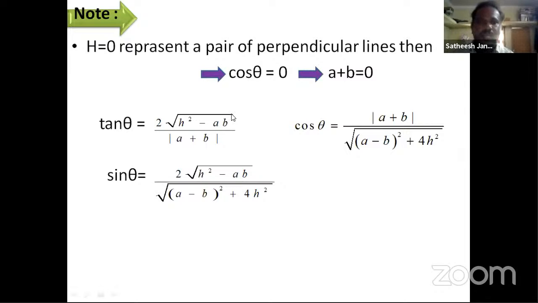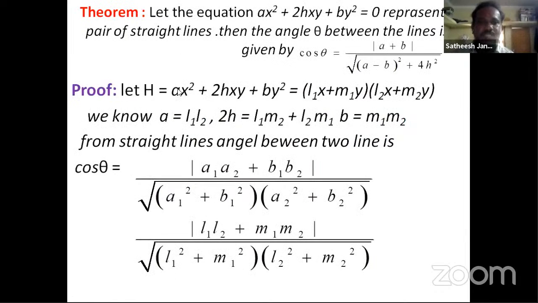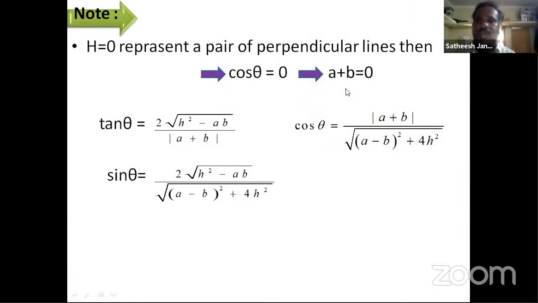Observe in the equation, what is a here? The x square coefficient. b means the y square coefficient. So a plus b means the sum of the x square coefficient plus the y square coefficient is equal to 0, and theta is equal to 90. Very important point. Remember it, students.